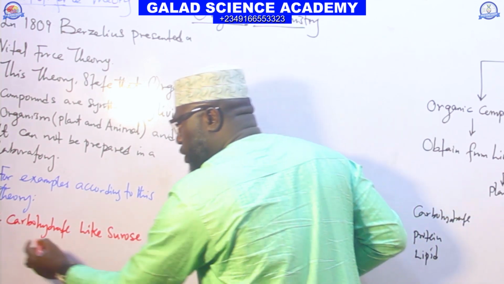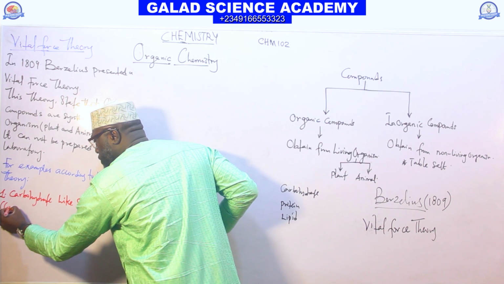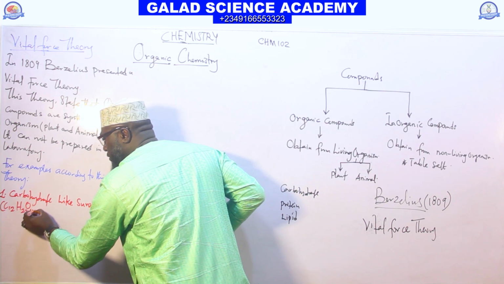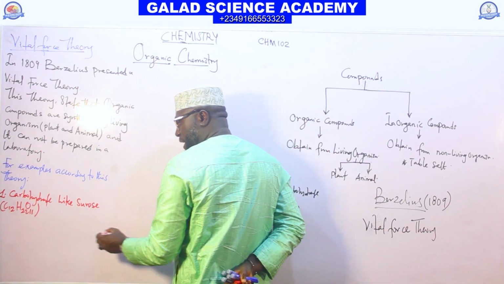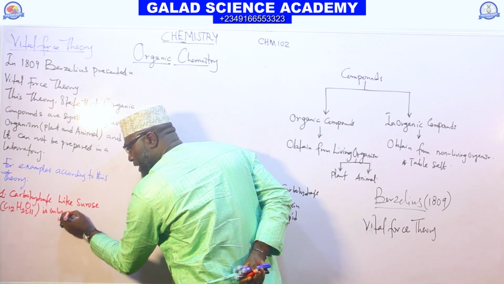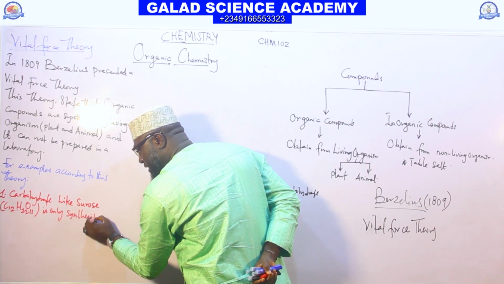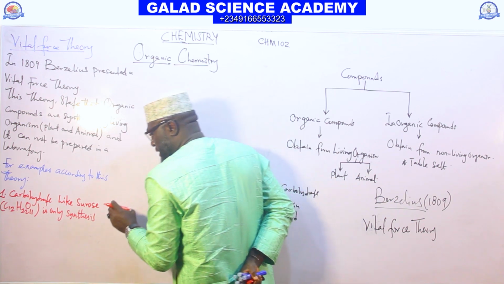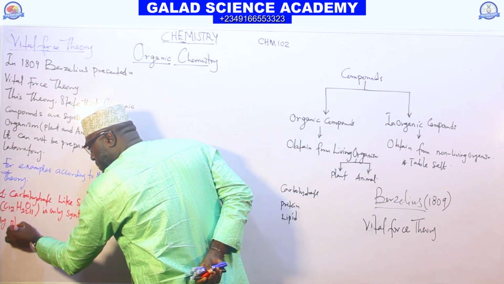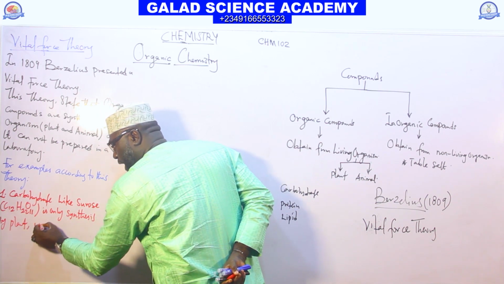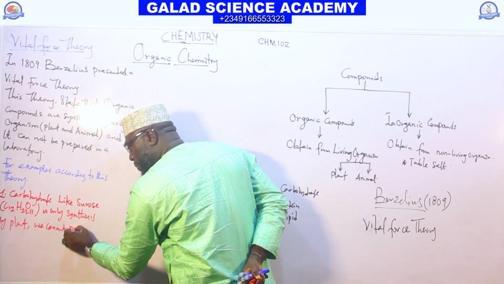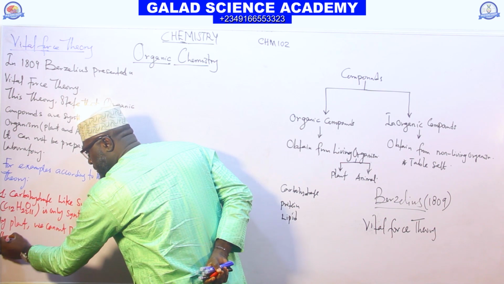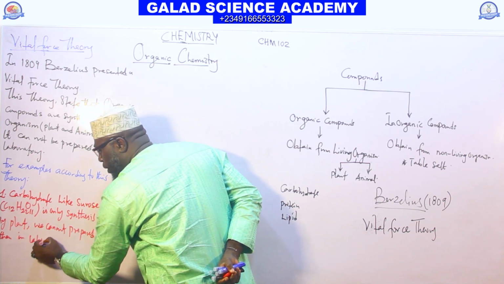The general formula for sucrose is C12H22O11. Sucrose is only synthesized by plants, and we cannot prepare it in the laboratory.